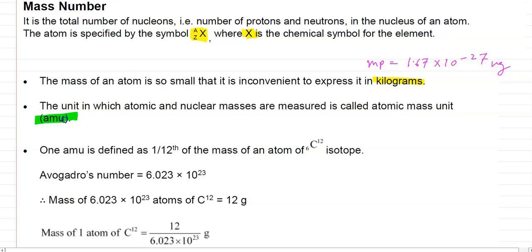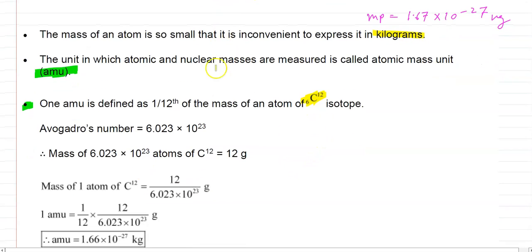The definition of AMU is that 1 amu is defined as 1 by 12 times the mass of the carbon isotope C-12. We know the Avogadro number is 6.023 into 10 to the 23.